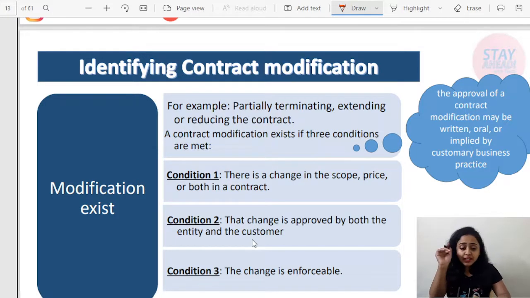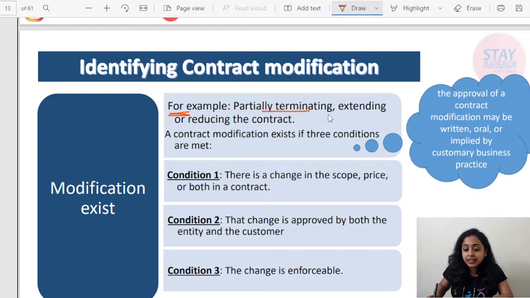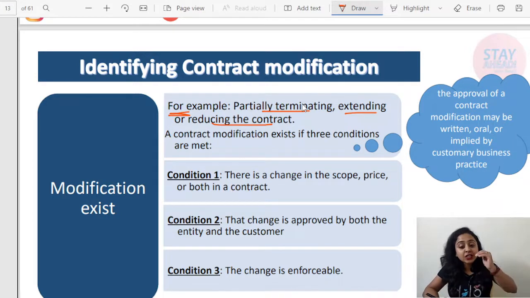Modification exists for example by partially terminating, extending or reducing the contract. The time of the contract has been changed, either decreased or increased. Either it has got extension or it has got termination. The timing of the contract has changed.